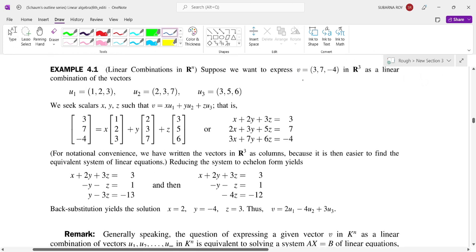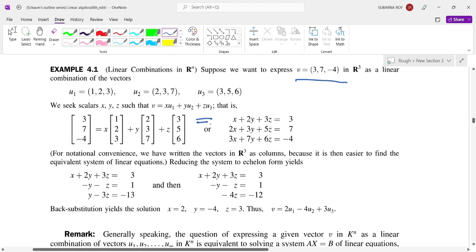Suppose we want to express this vector V in R3 as a linear combination of these three vectors U1, U2, U3. So we write V equal to x into U1 plus y into U2 plus z into U3. We have to find the values of x, y, z so that we can write this vector as a linear combination of these three.